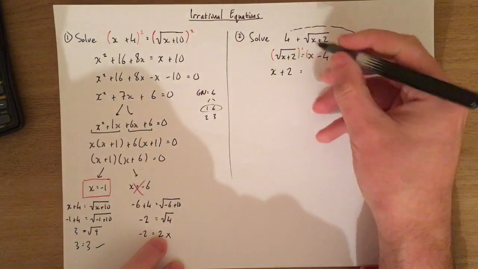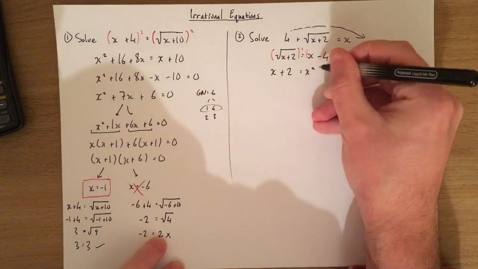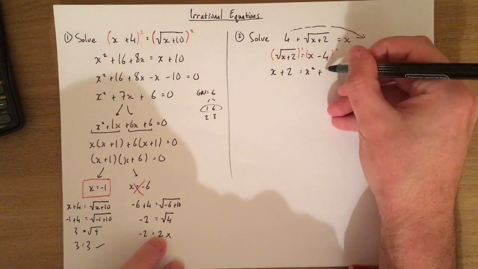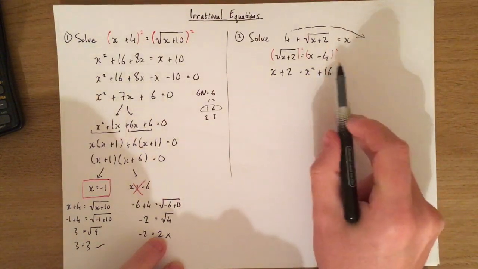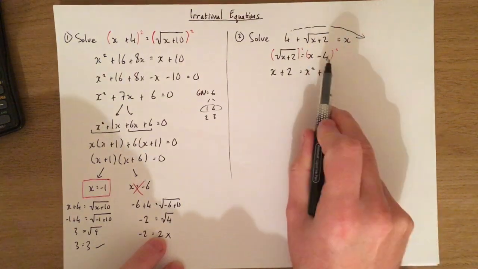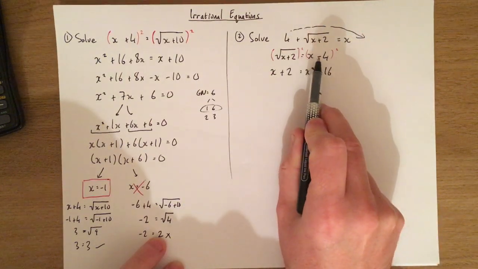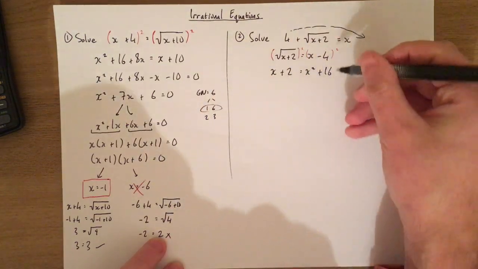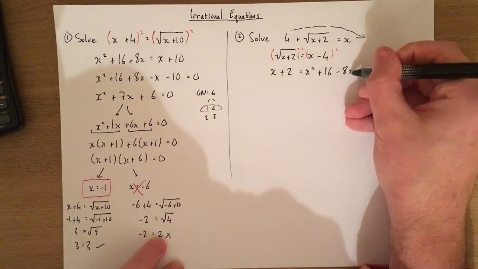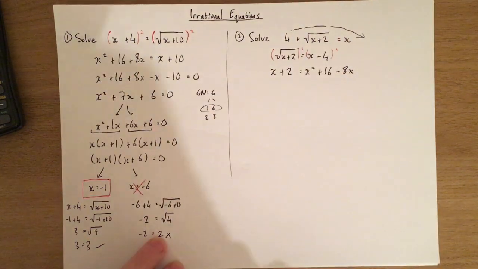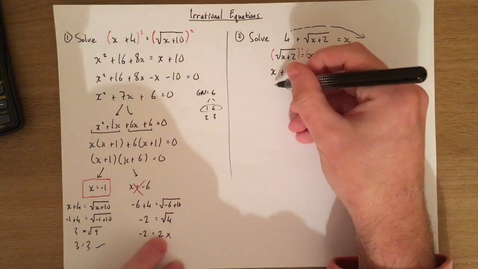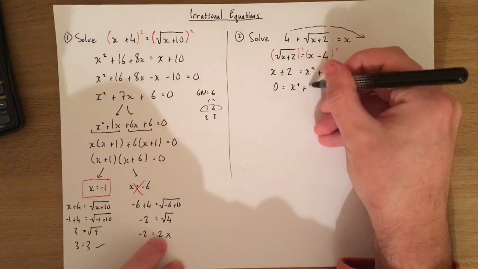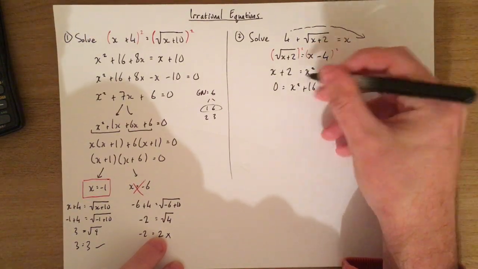So first term squared, x squared, minus 4 times minus 4 is plus 16, and then the mixed term, x multiplied by minus 4 is minus 4x, multiplied by 2 then is minus 8x.